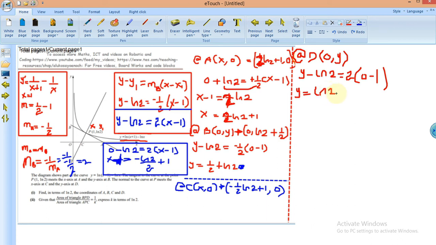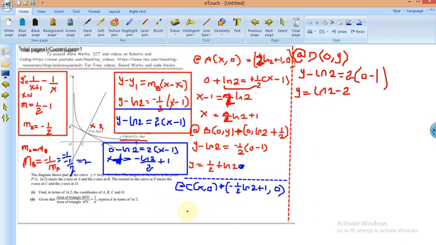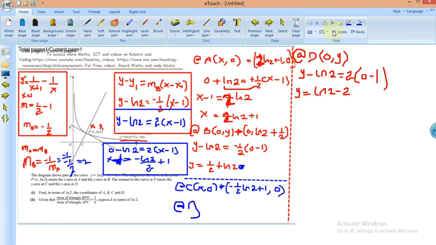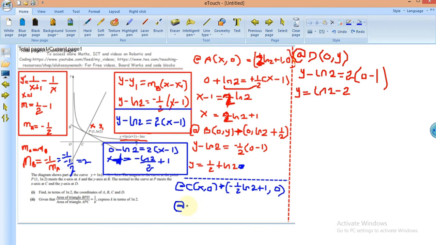I would like to swap back to this blue to get the coordinate now. So at D, when x is 0, what is y?